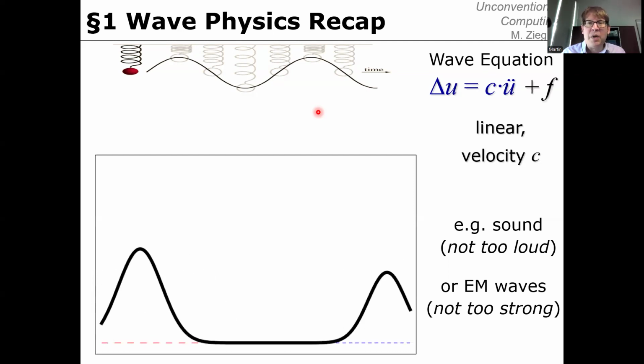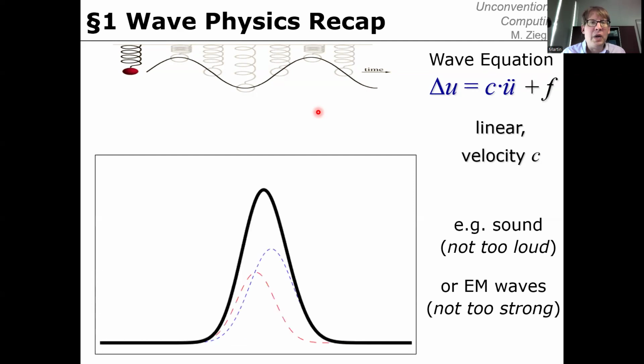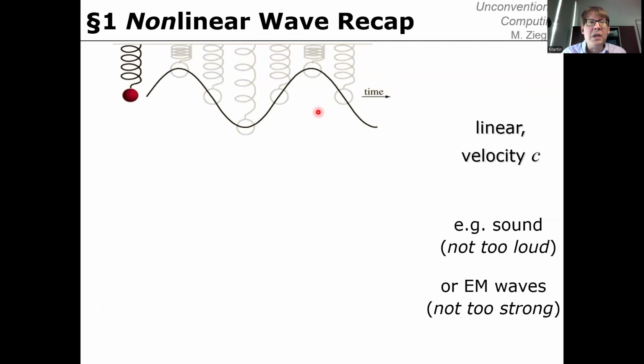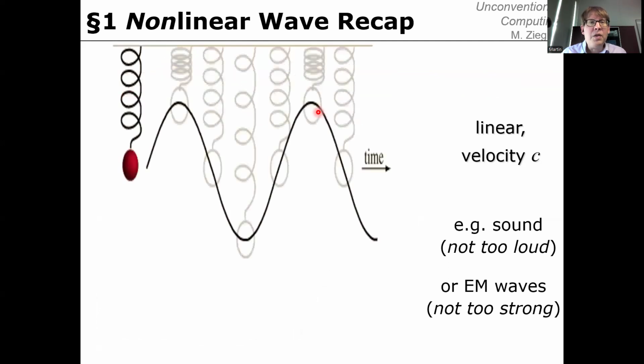So let's talk a little bit about nonlinear waves. What is a nonlinear wave? It's if we increase the amplitude beyond the linearity of the springs. So usually a spring, if you pull it twice as hard, it pulls back twice as hard.